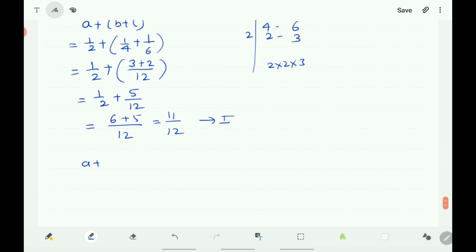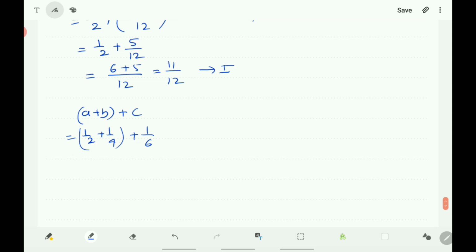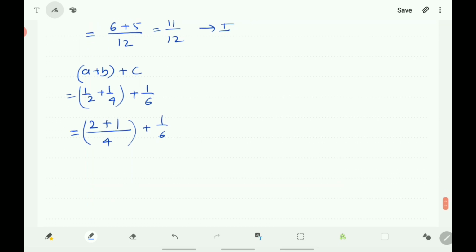Now you find this one, (A plus B) plus C, that is A is here 1 by 2 plus 1 by 4 comes under the bracket plus 1 by 6. Now you find the sum of 1 by 2 and 1 by 4 which is under the bracket. So LCM of 2 and 4 is 4 and 2 twos are 4, 1 two is 2 plus 4 ones are 4, 1 one is 1, plus 1 by 6 it is.